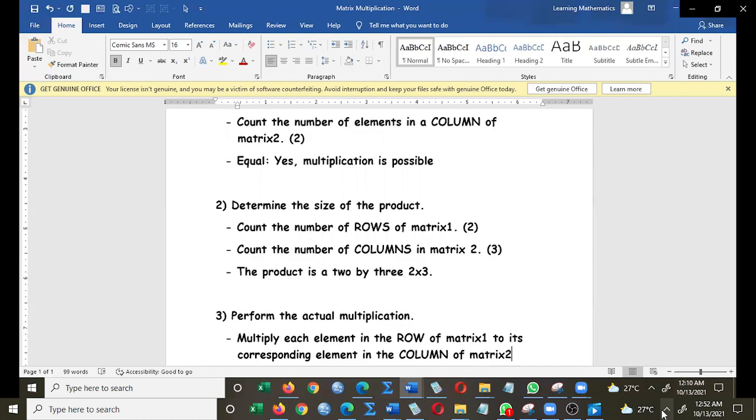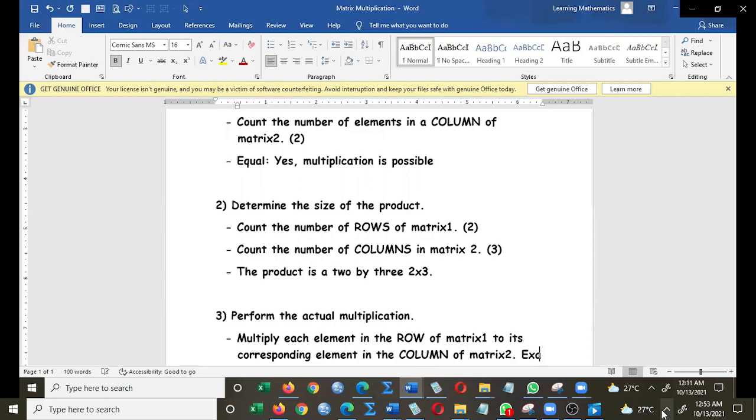Okay, so each element in the row of matrix 1 has a corresponding element in the column of matrix 2. So basically, you have to make that correspondence, you have to make that match.